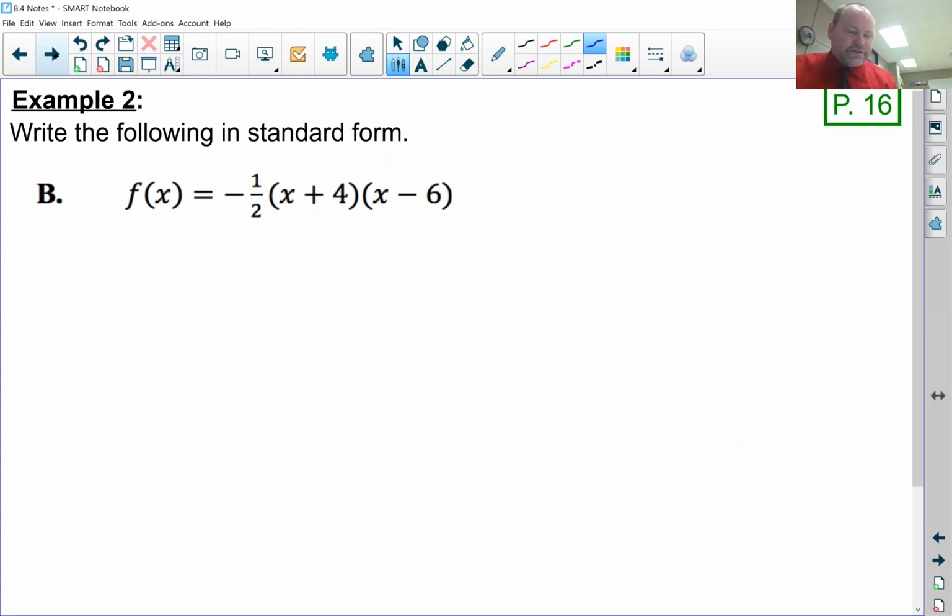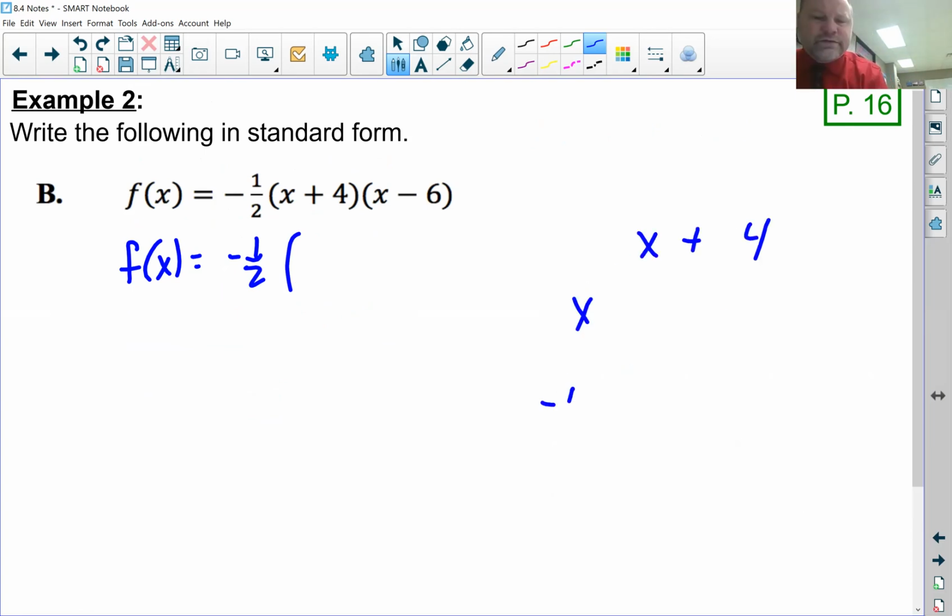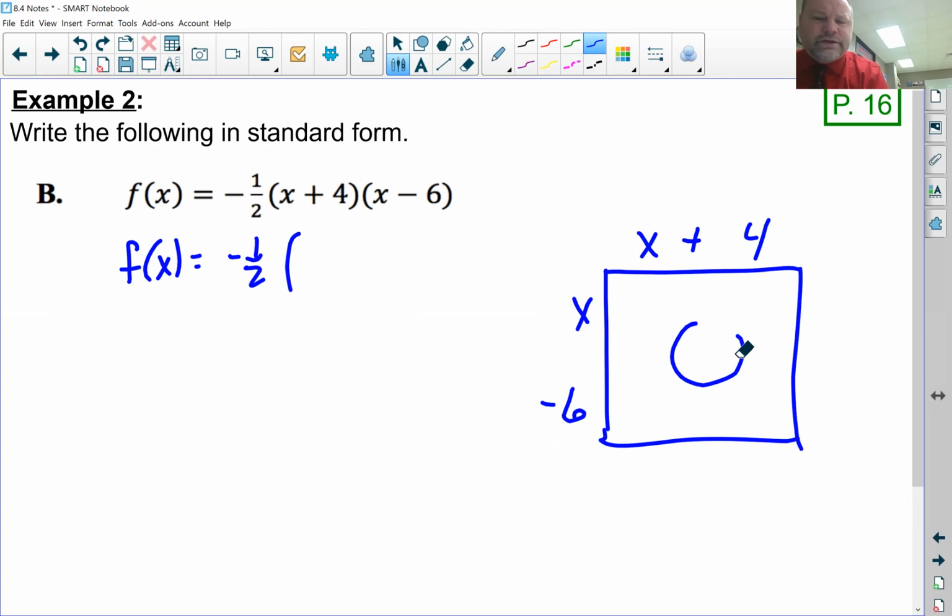This one I'll use the box method to multiply out. Negative 1/2 times x plus 4 times x minus 6. And again, it doesn't matter which side you put the minus 6 and which side you put the x plus 4 on.